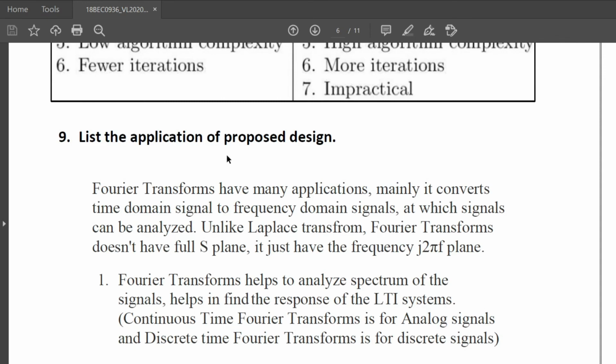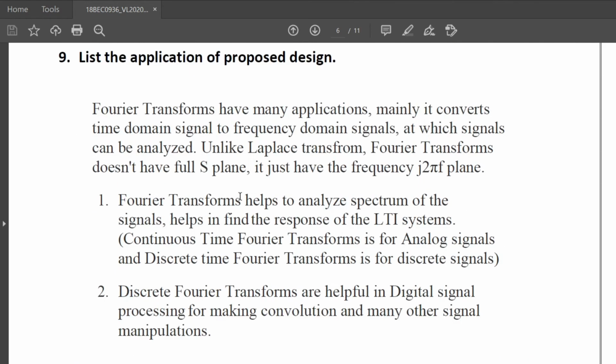So let's see the applications of the proposed design. The Fourier transform helps to analyze the spectrum of signals and helps in finding the response of LTI systems. So this is the main use of the Fourier transform. Even the discrete Fourier transform is helpful in digital signal processing for convolution and many other signal manipulations.